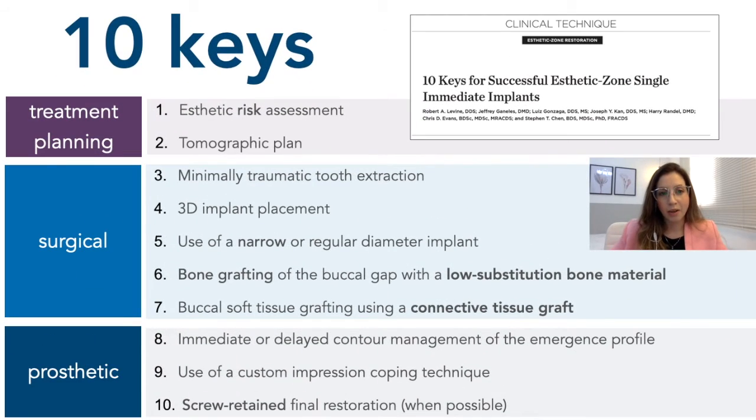Taking into consideration the challenges of immediate implant placement in the aesthetic area, Dr. Robert Levine and his co-workers proposed the 10 keys protocol, aiming at helping clinicians to achieve predictable outcomes. It has 2 planning keys, 5 surgical and 3 prosthetic ones. The planning keys are aesthetic risk assessment and tomographic plan.